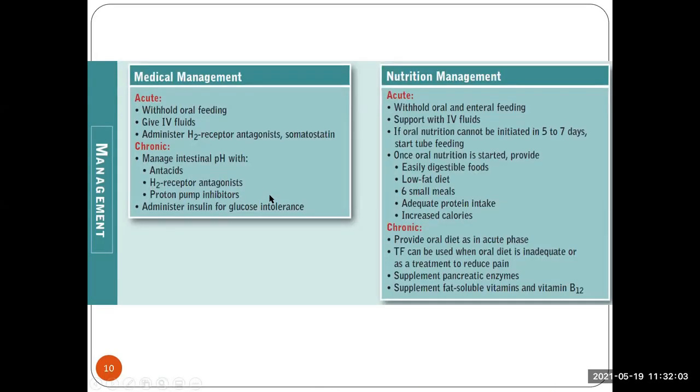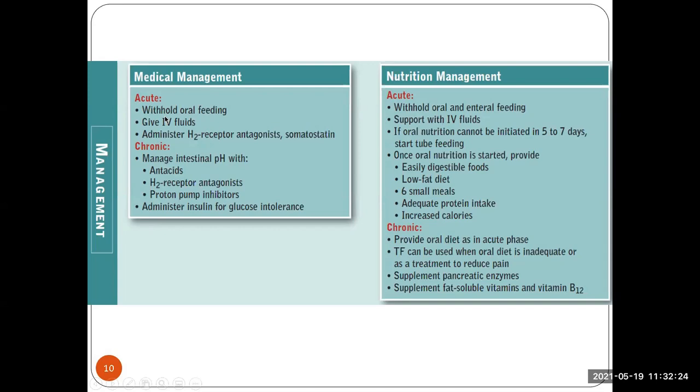Regarding management, there are two options out there. First one is medical management. Especially in case of acute pancreatitis, medical management becomes the first line step. Whereas in case of chronic, mostly dietary management works better.